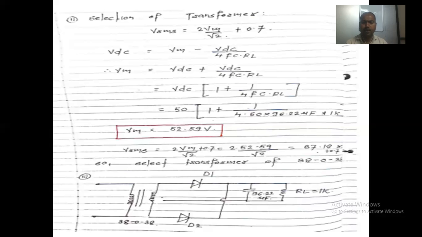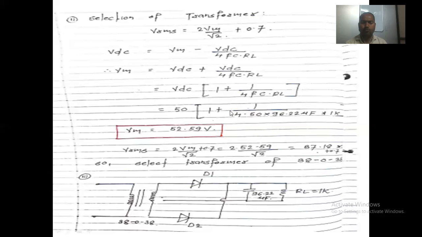Okay, 1 divided by answer. Now write down 1 divided by answer. Calculate 1 divided by whatever answer is coming. 51.90 into 10 raised to minus 3.